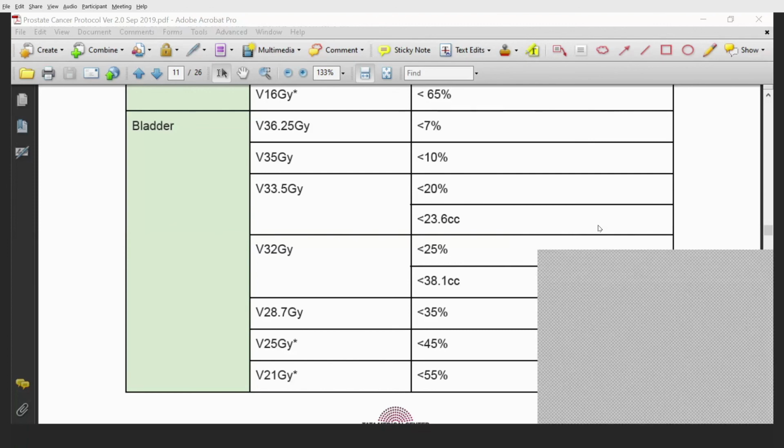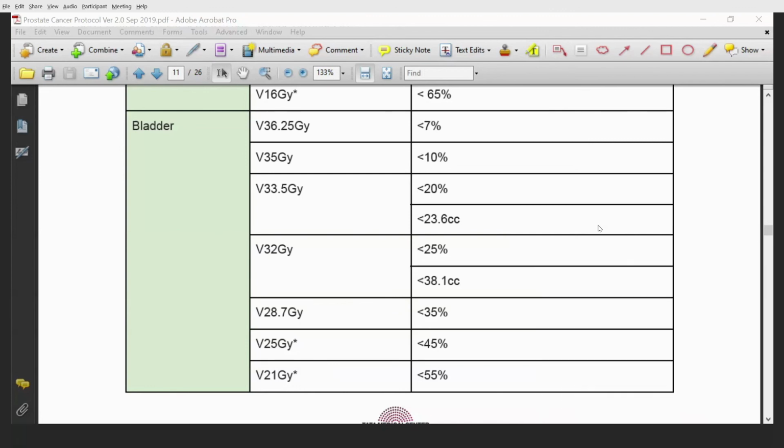We took the conventional dose constraint, and then we found dose correlates. Because it was hypofractionated, you have to find, for example, what the corresponding dose in hypofractionation is for 70 gray in conventional fractionation. Suppose 70 gray is equivalent to say 57 gray or something like that in 20 fractions. So for the rectum.